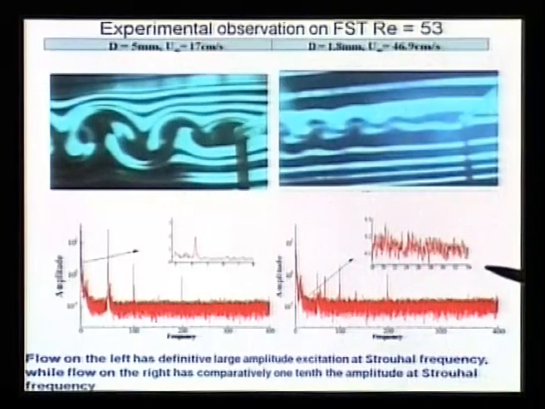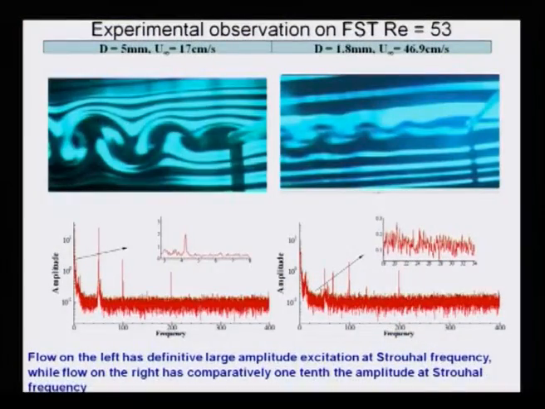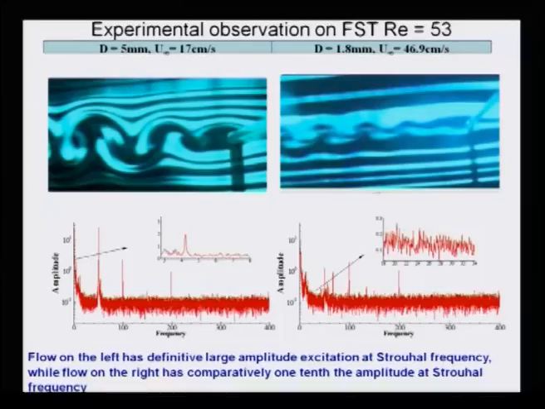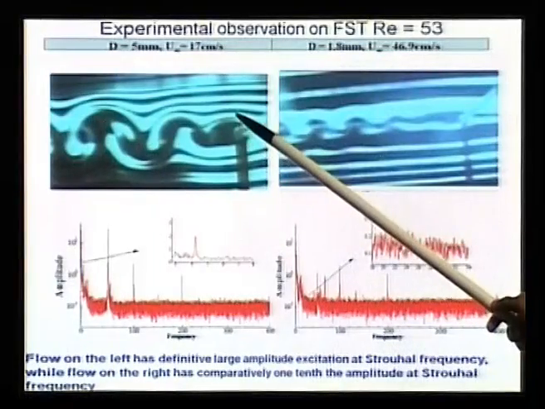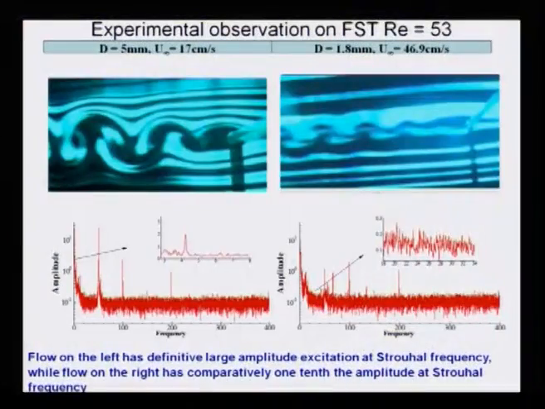So, this noise is kind of flat across a large frequency range. There is no preferentially larger value at any frequency. So, what you are seeing is basically the receptivity aspect: if I have a disturbance at the Strouhal frequency, I see the Karman vortex street. If I do not have, then I get this.